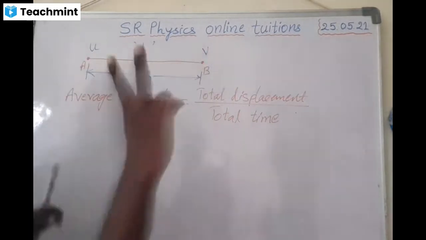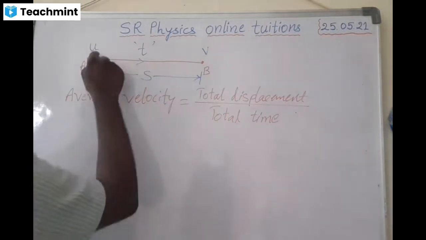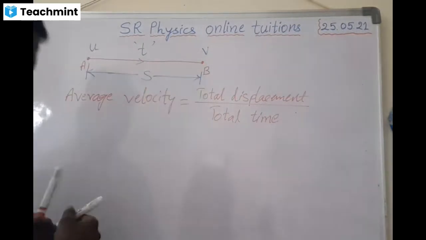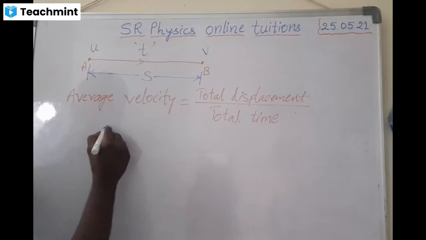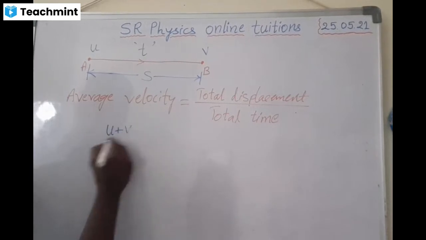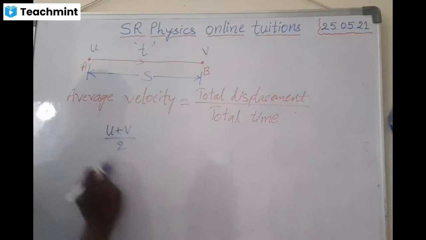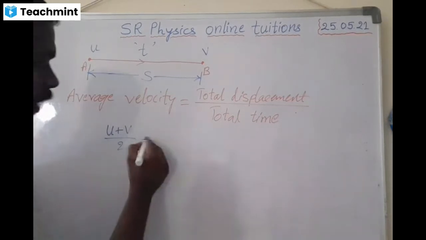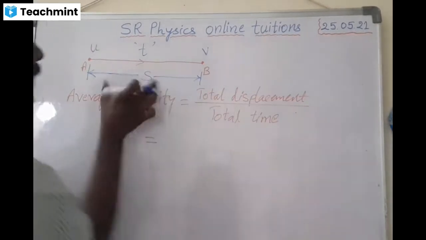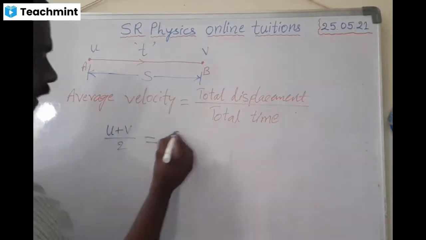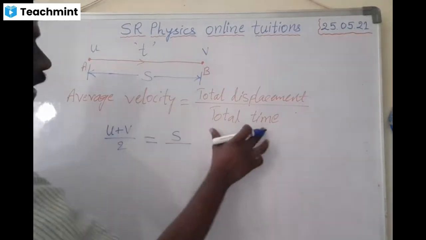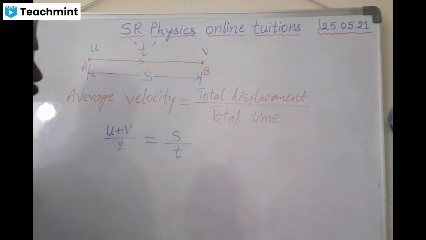Two velocities. To find the average of these two velocities, we take u plus v by 2, total velocities by number of velocities, is equal to total displacement s by total time T.